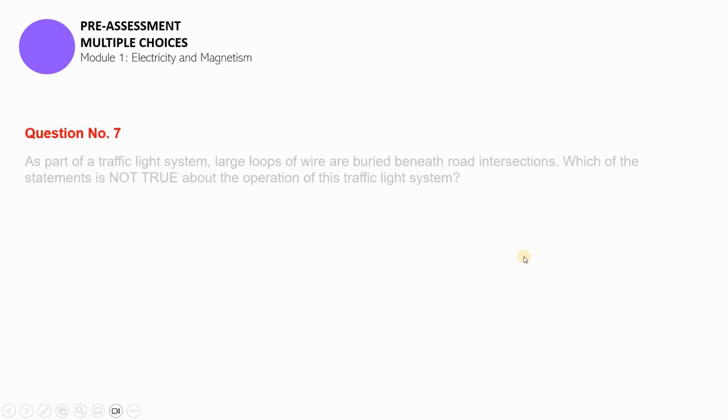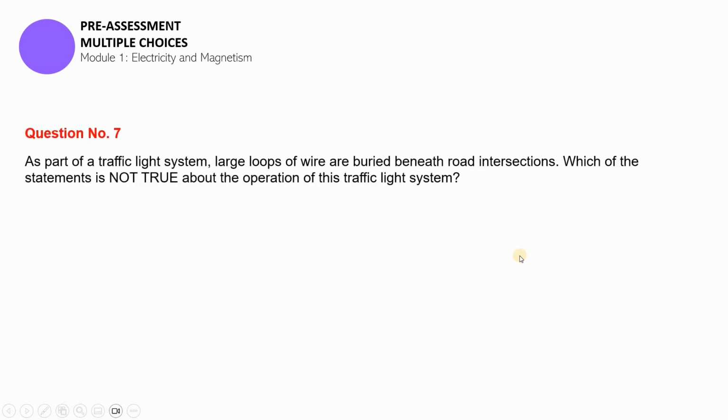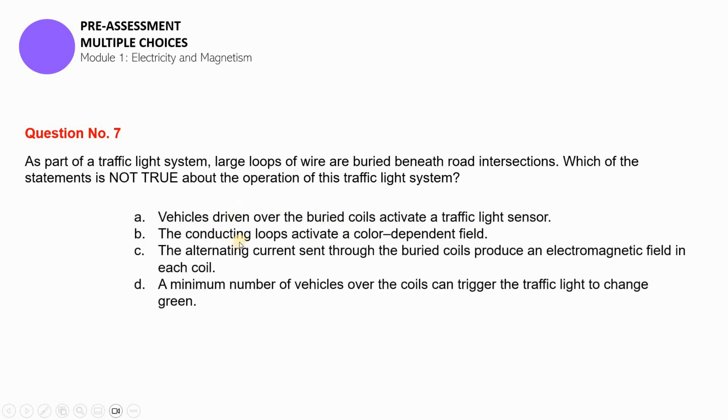Question number 7. As part of a traffic light system, large loops of wire are buried beneath road intersections. Which of the following statements is not true about the operation of this traffic light system? A. Vehicles driven over the buried coils activate a traffic light sensor. B. The conducting loops activate a color-dependent field.